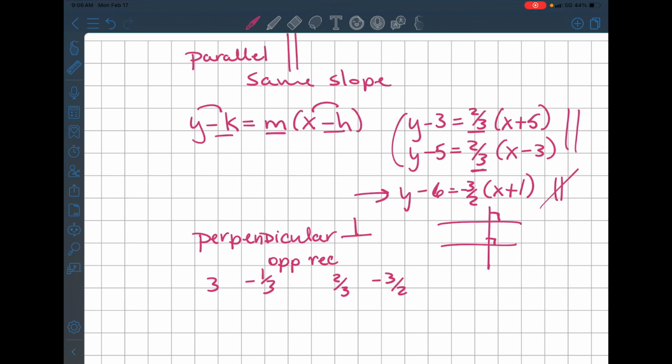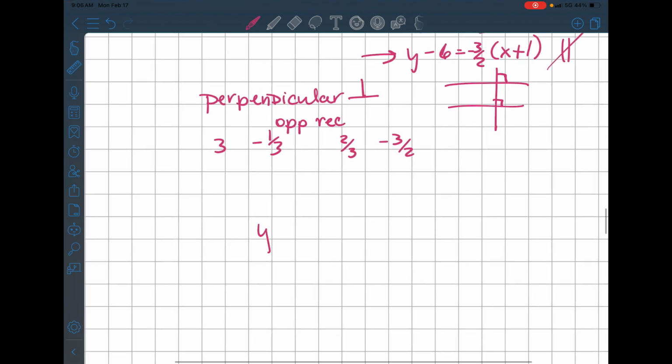So if you have a problem that says, hey, write an equation, and we may see a form like this, y equals mx plus b, and so y equals, we're just going to keep the same one, 3x plus 2. It says write an equation to this line that's perpendicular to this line and goes through the point 4, 1.